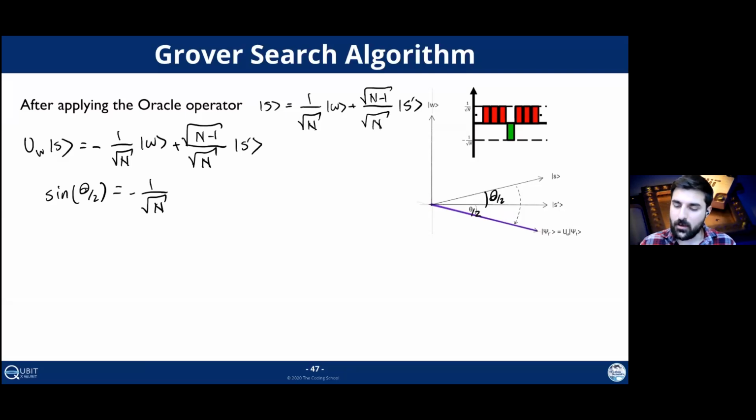We have rotated our state, the S state, around the x-axis by the same angle. So we started at an angle theta over 2 from the x-axis, and then we flipped to an angle minus theta over 2.